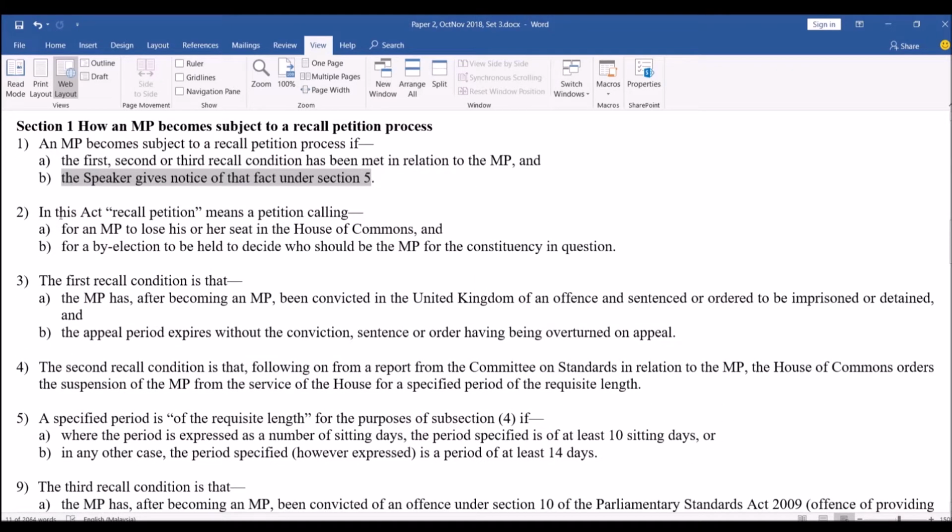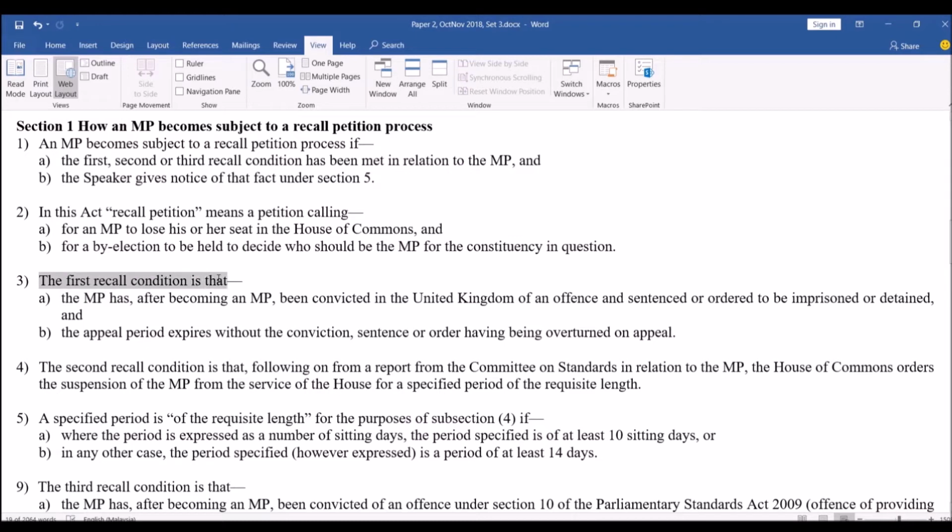Sub 2. In the Act, recall petition means a petition calling, sub A, for an MP to lose his or her seat in the House of Commons; sub B, for a by-election to be held to decide who should be the MP for the constituency in question. Sub 3.